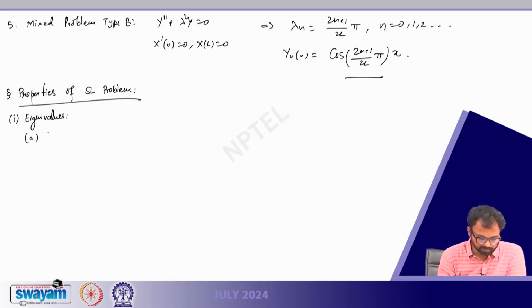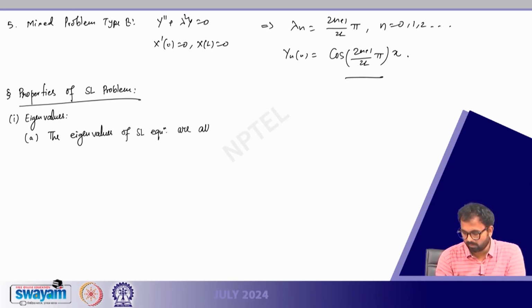First of all, the properties of eigenvalues. The first property is the eigenvalues of the SL equation are all real.